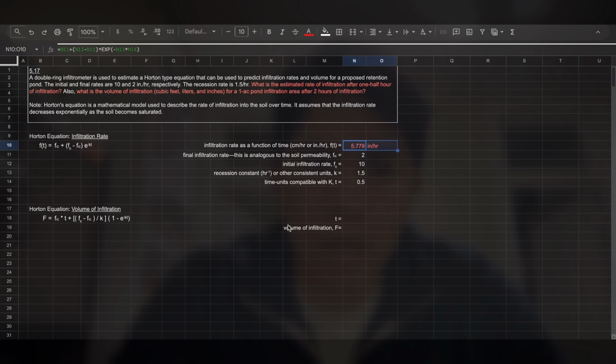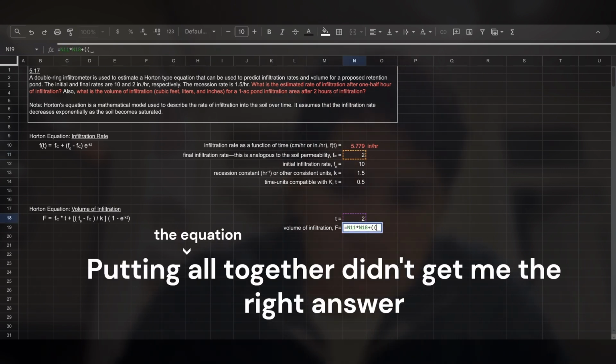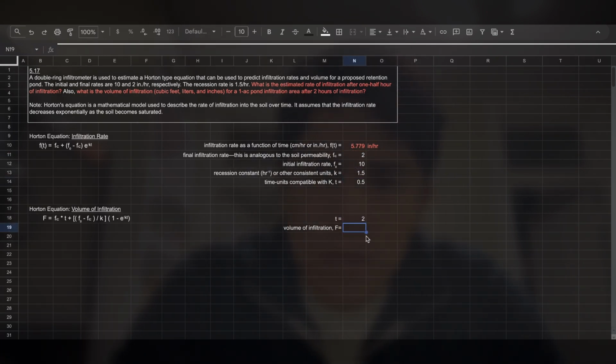All we're doing here is plugging in and knowing how to use this equation, and this is to find the volume of all that water that infiltrated. We're asked for the infiltration after 2 hours, so time is 2 hours. Okay, let's do it by parts. The first part is equal to the final rate times t, which is 2 hours.